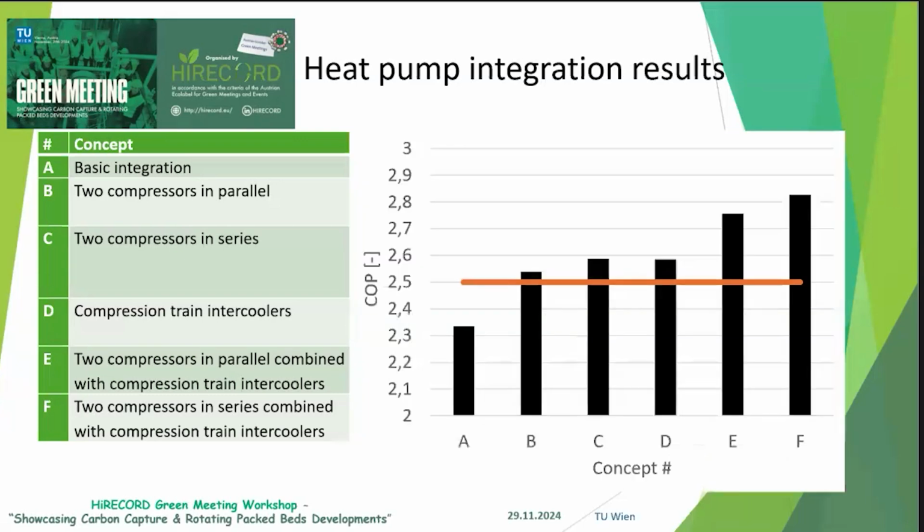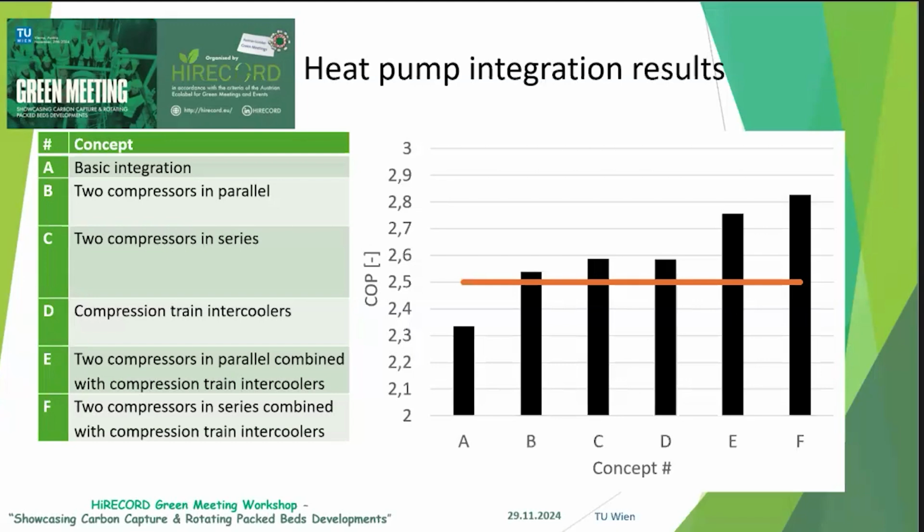And then, without going into all the detailed calculations behind it, this is what you get as a result. Again, concepts A to F. The red line shows the threshold of 2.5 I mentioned before that you need to achieve to reach this 60% reduction in energy.